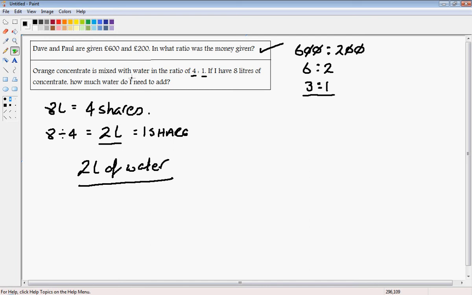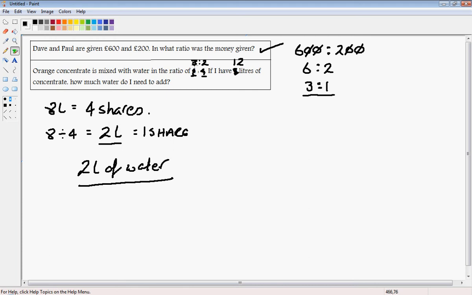Okay, so let's just change the question. Let's say that instead of being 4 to 1, it's 3 to 2. And I've changed the amount here, and let's say that this is 12 litres of concentrate.